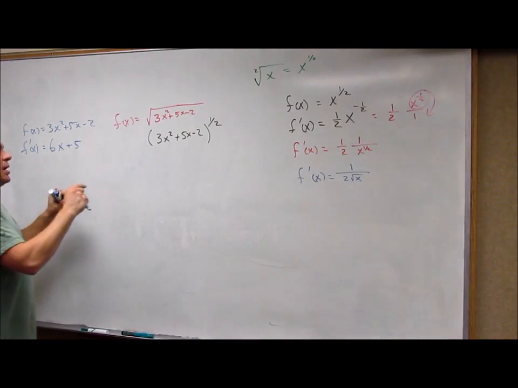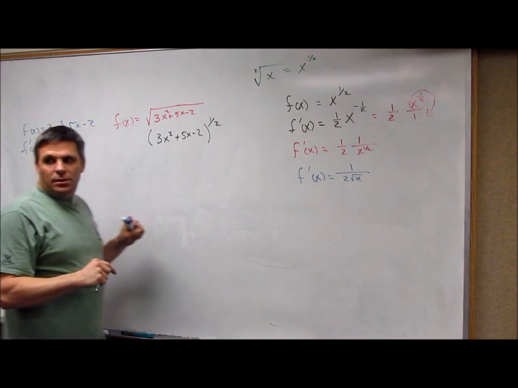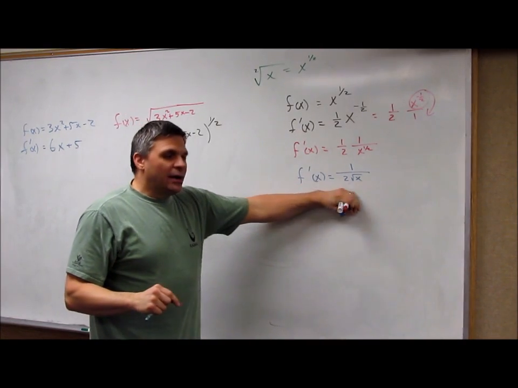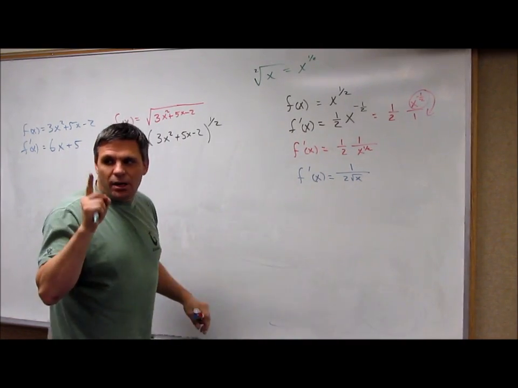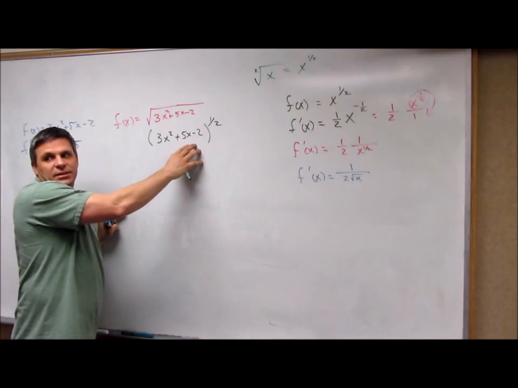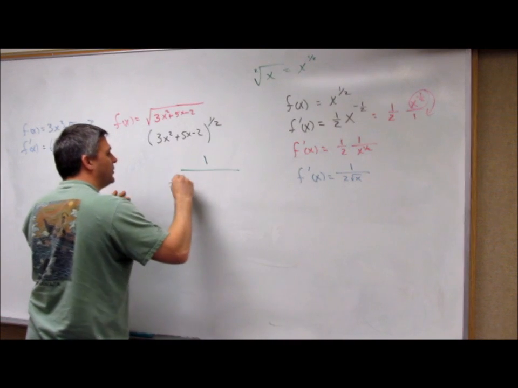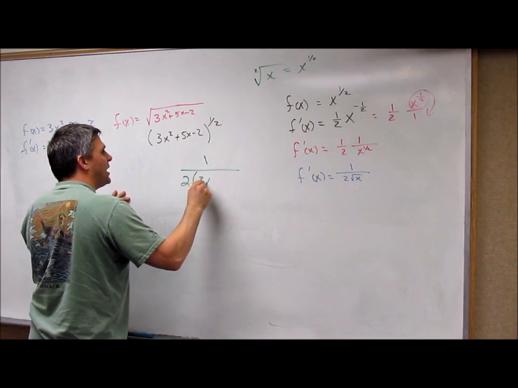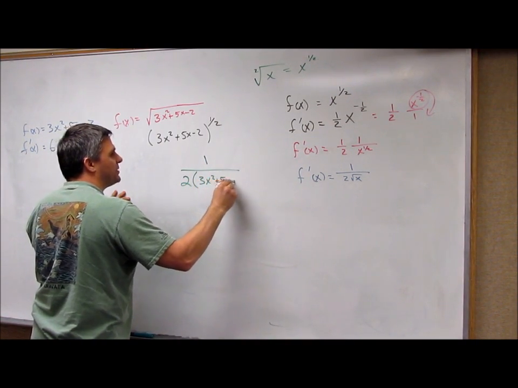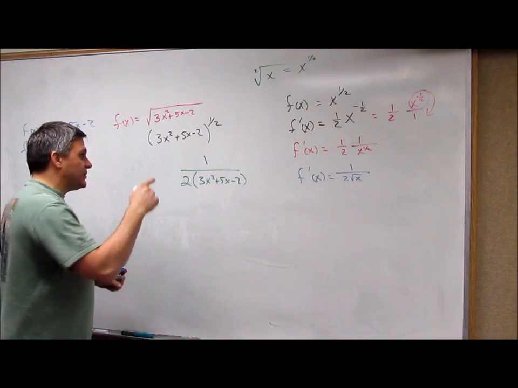So it's going to be the inside derivative times the outside derivative. But remember, the outside derivative wasn't an x here, was it? The outside derivative was 1/2 times 3x squared plus 5x minus 2, because that's what x is.